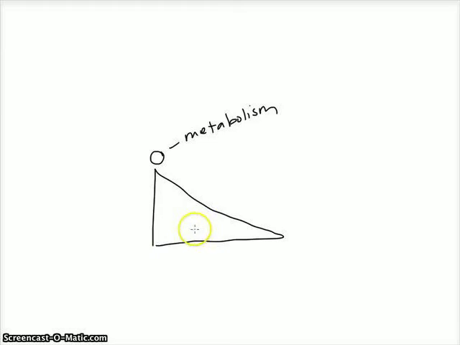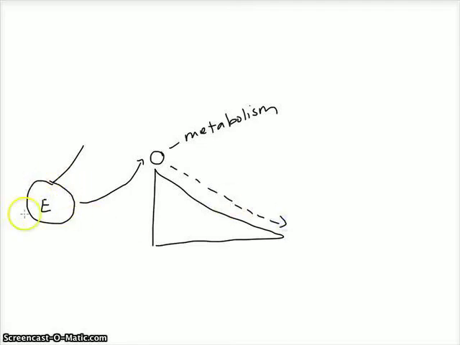Recall when we were talking about metabolism: metabolism is all the information processes and chemical activities that occur within the organism. And in order for metabolism to occur, we need an input of energy. And so in order for these metabolic processes to occur, we need energy.